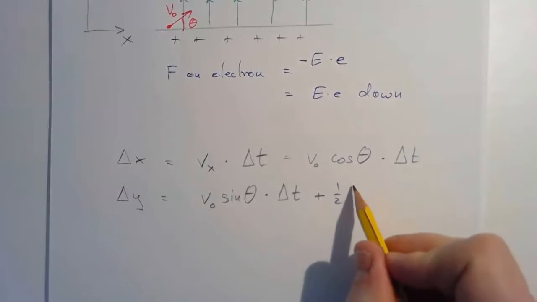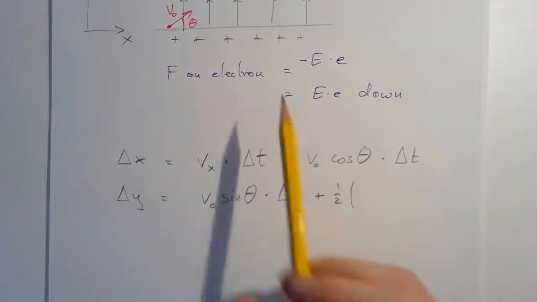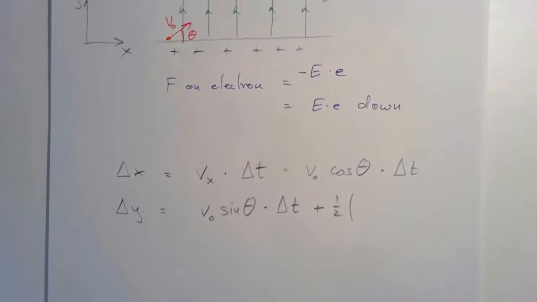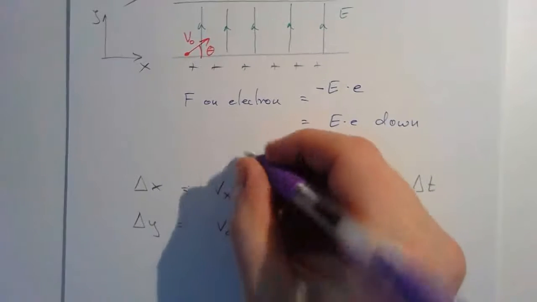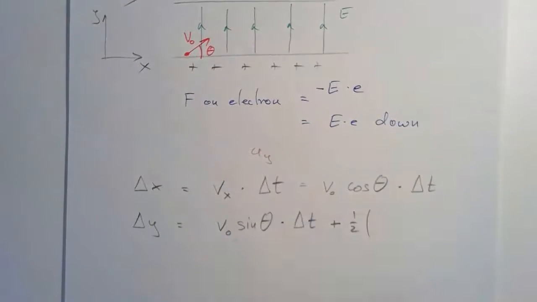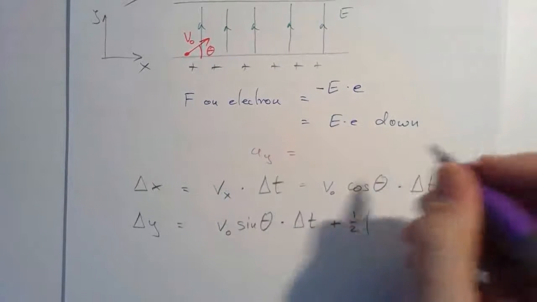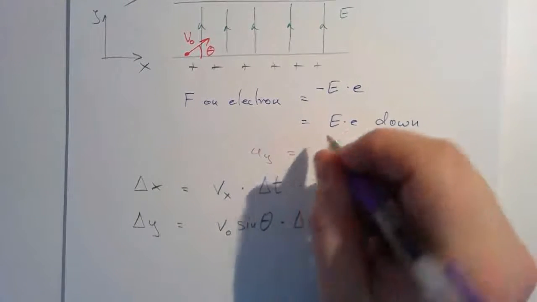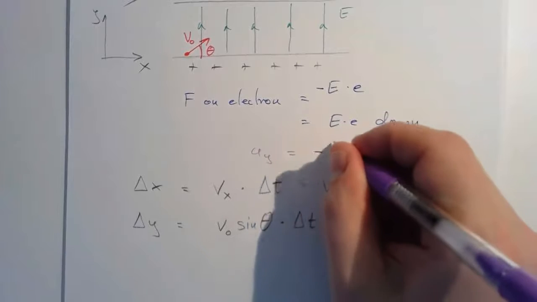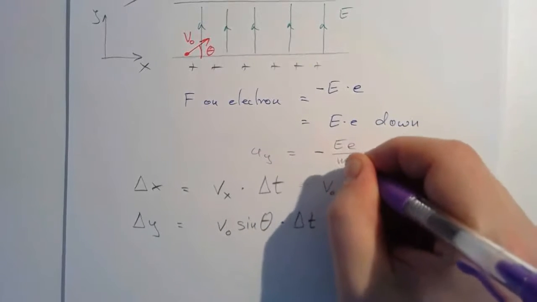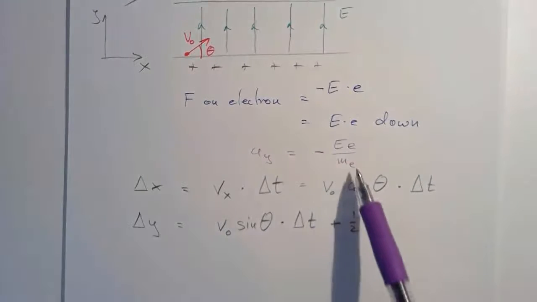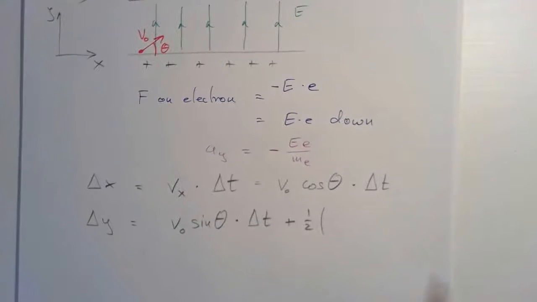What is a? A is going to be force over mass, right? We write this down: a_y equals, if y is up, then the acceleration is down, force is down, divided by the mass of the electron. That's something you can look up. I'm going to plug this in here.